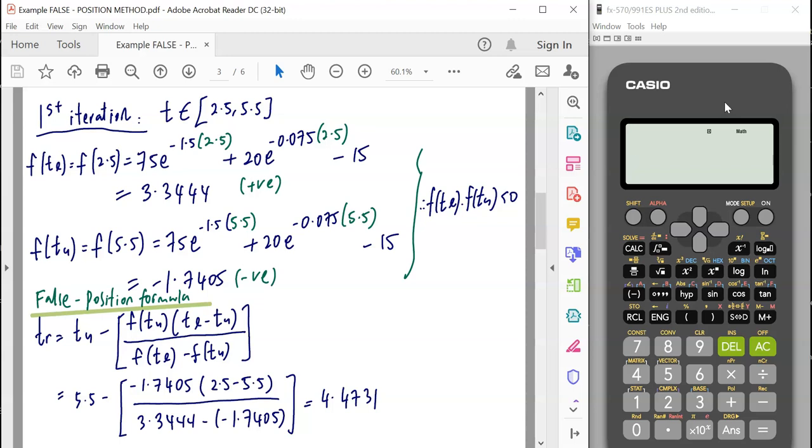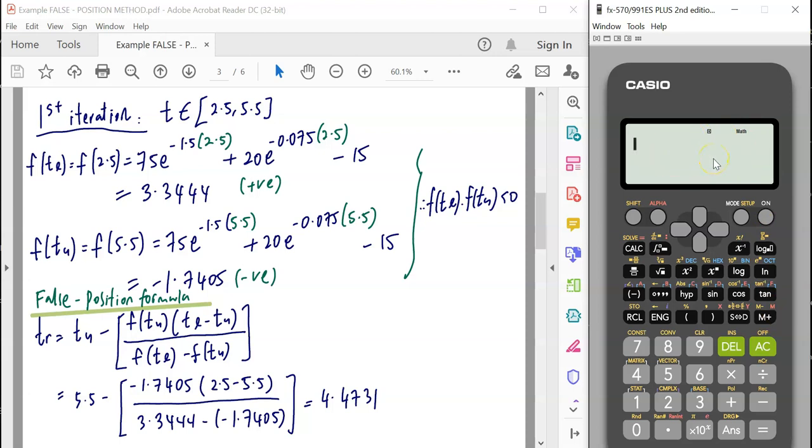Alright, so the first step, I want to show you how to set your calculator to a number of decimal places. So now we have this active mode here.